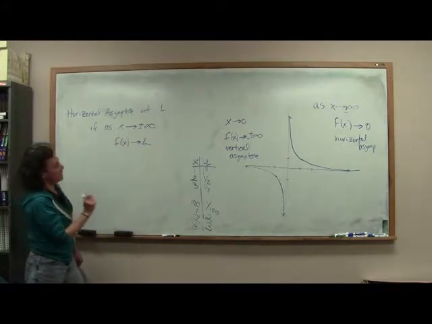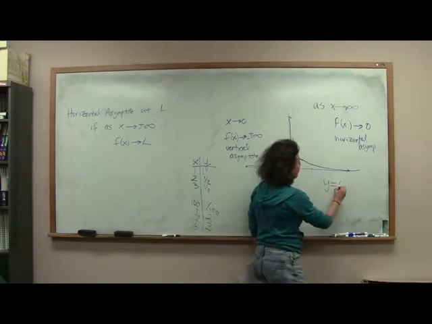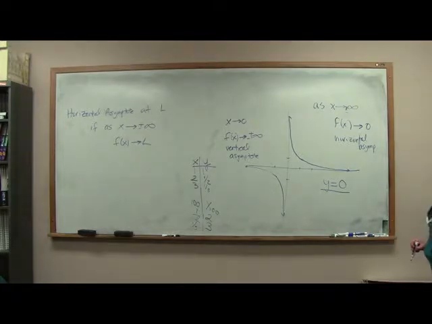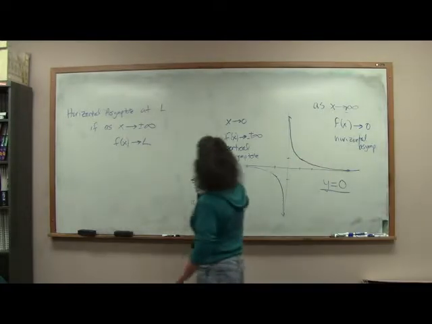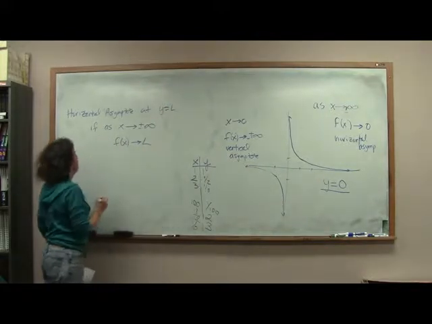So, for example, here we have a horizontal asymptote at 0. So let me say at y equals L.